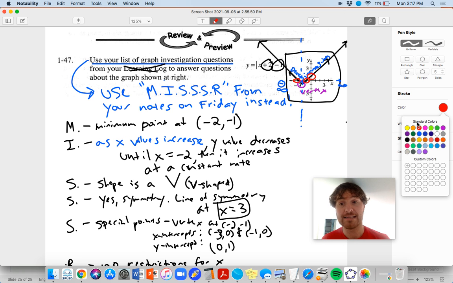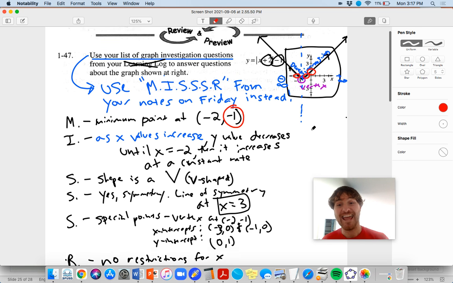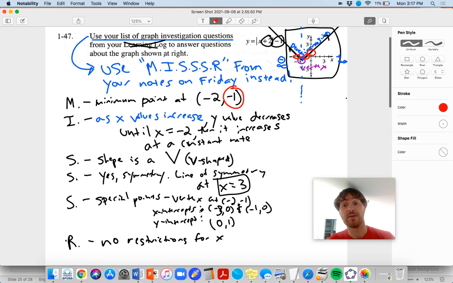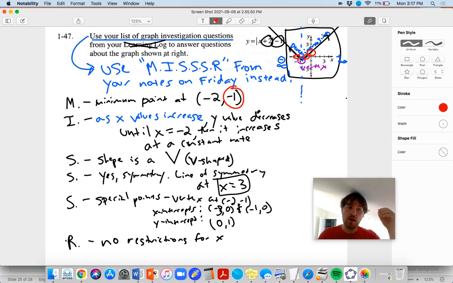So your vertex is your guide to answering this restrictions problem. All of our y values have to be positive because the absolute value of x plus 2 has to be positive, but they could also be negative because if x were -2, then -2 plus 2 is 0, and we'd have the absolute value of 0 minus 1. So they could be as low as -1.